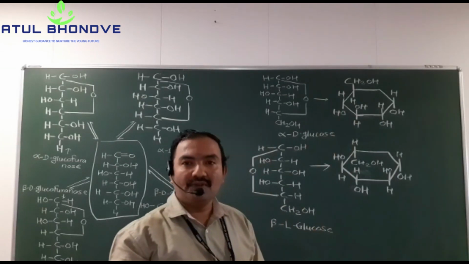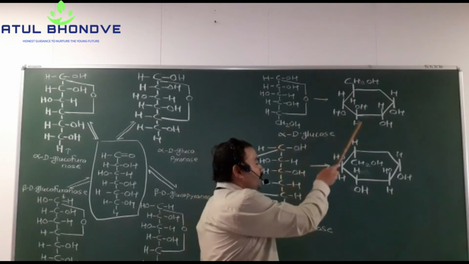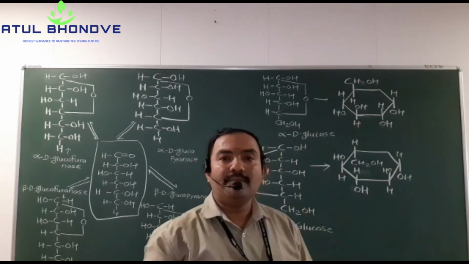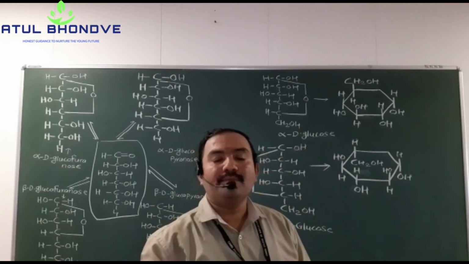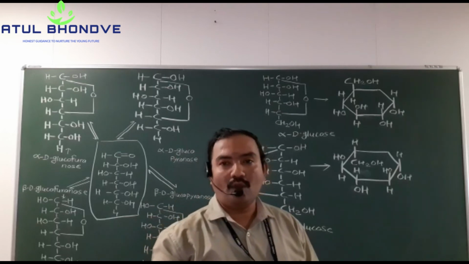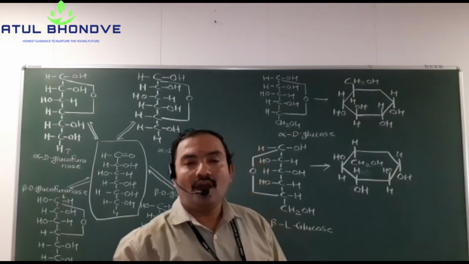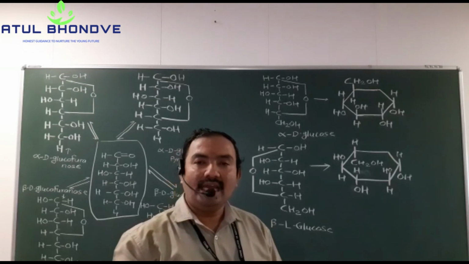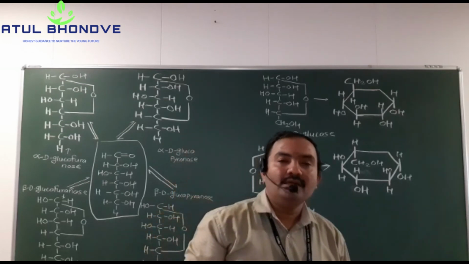When Haworth converted Fischer's chain formula into the ring formula, it became very easy to represent the tedious and complicated reactions of carbohydrates in an easy and simplified manner.